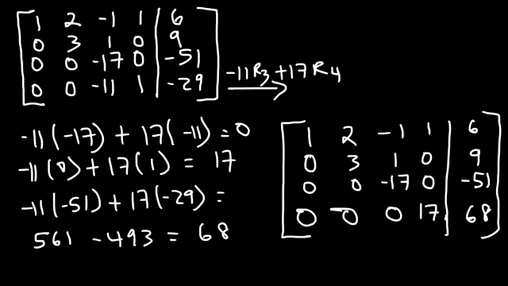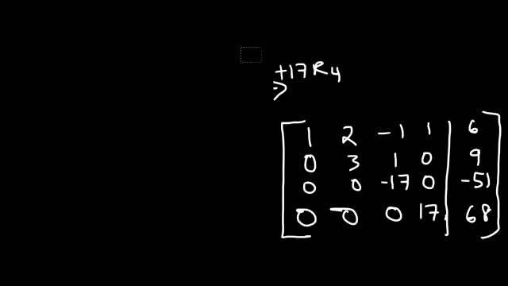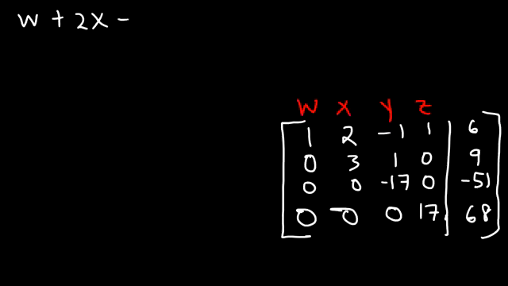At this point, we can convert back into a system of equations. Let's get rid of the matrix. So this is W, X, Y, and Z. So we now have 1W plus 2X minus Y plus Z, and that's equal to 6.